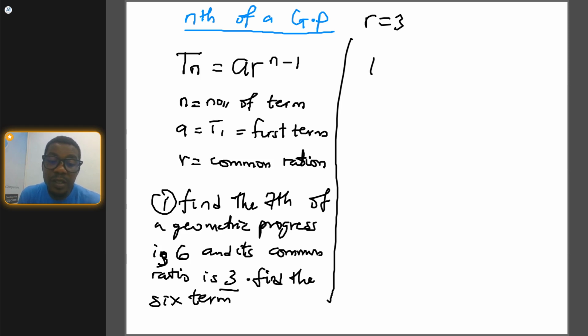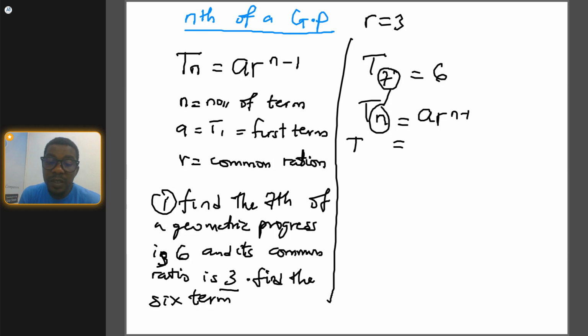So that means T7 is given to be 6, where Tn equals a r raised to n minus 1. So here, the 7 is equivalent to n.